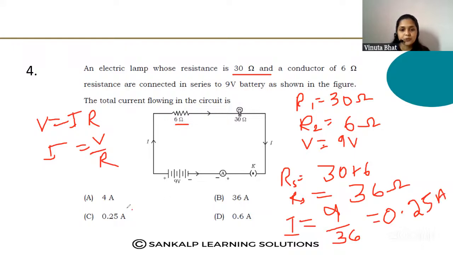So option C is the correct answer. The current flowing through the conductor is 0.25 ampere.